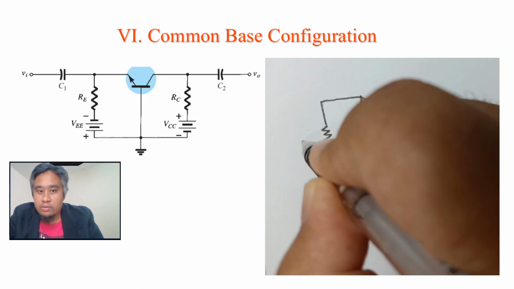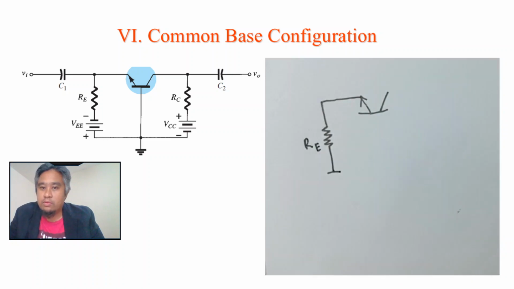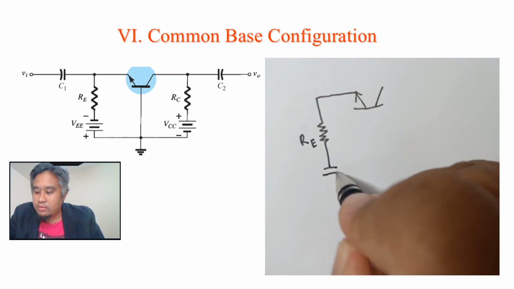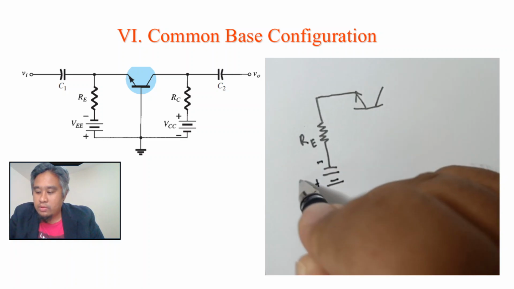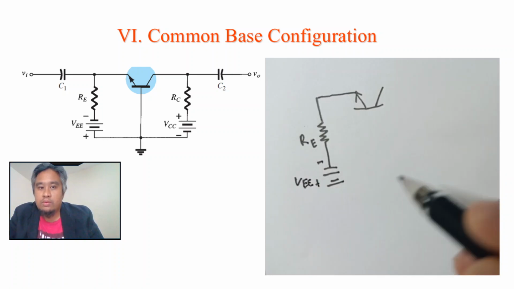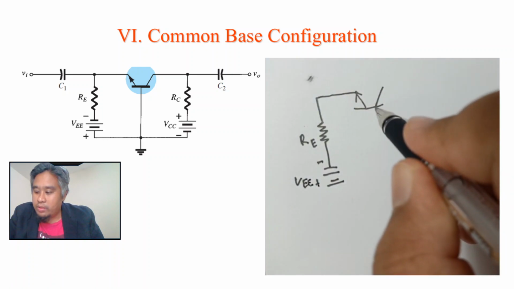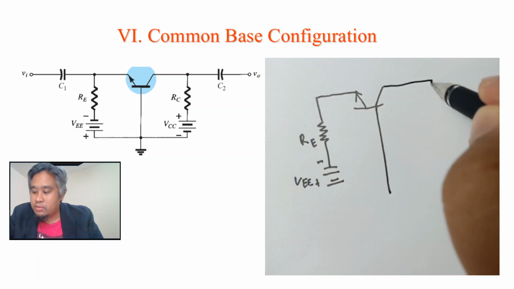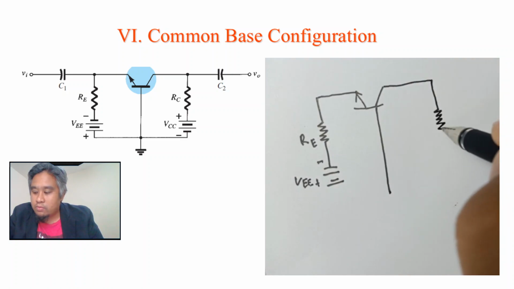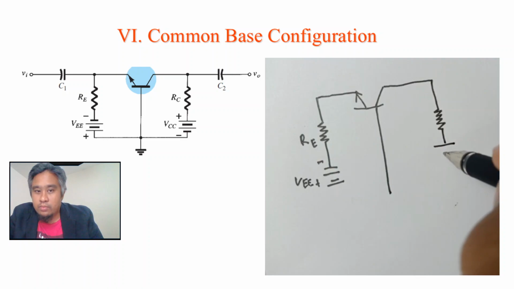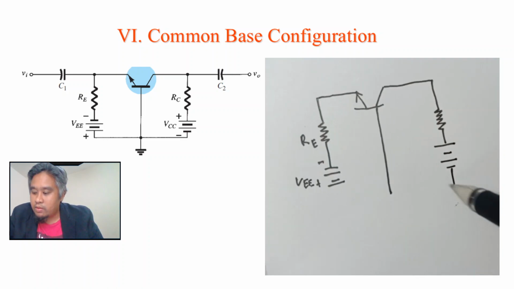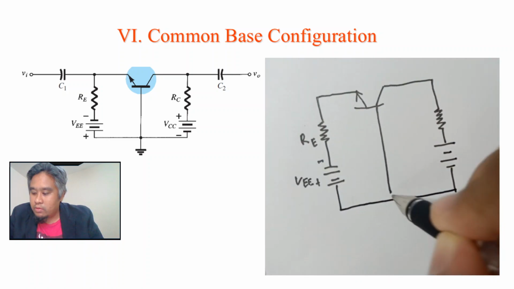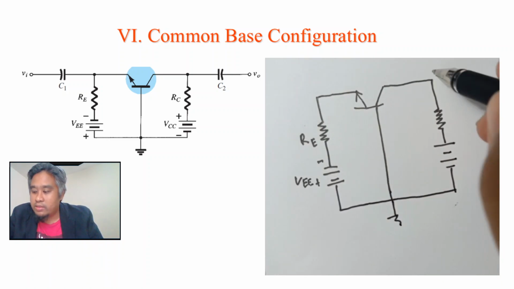This is RE, and then positive, minus. This is our VEE, and our base is directly connected to ground, and then we have RC here, positive, minus. We just redraw without the capacitors.